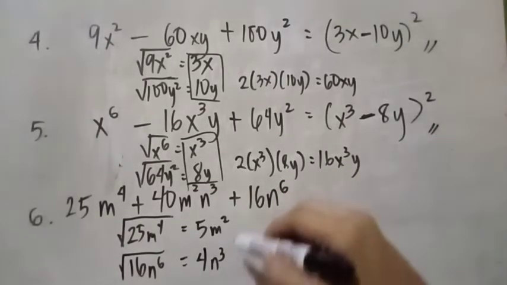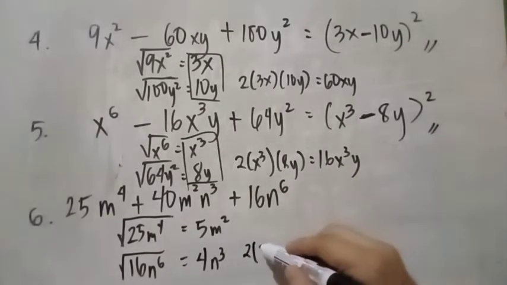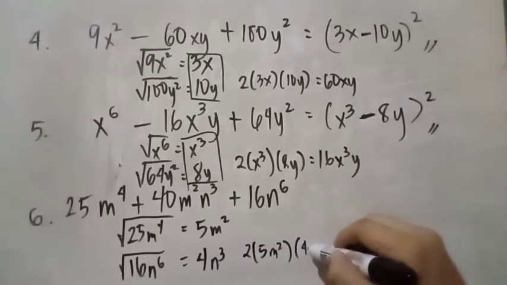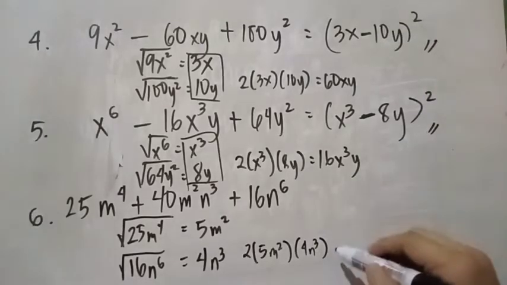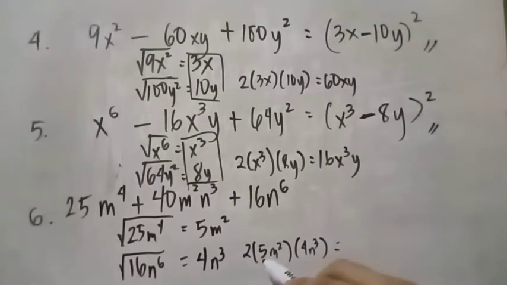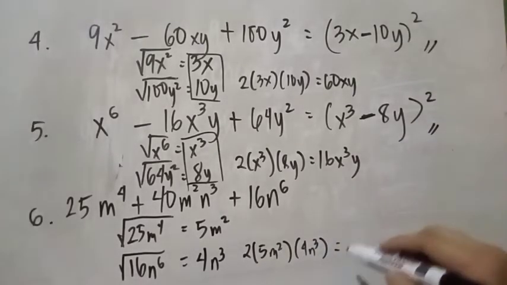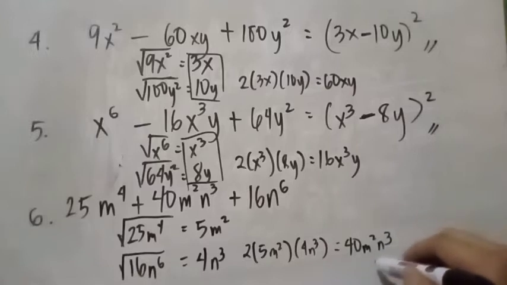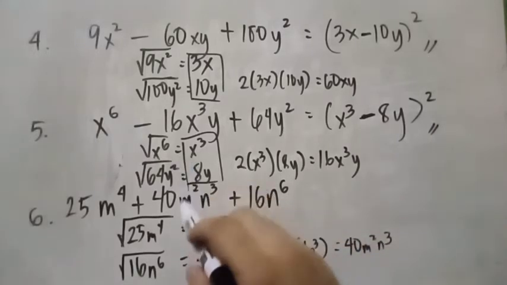Okay? So, i-multiply muna natin, no? So, 2 times 5m squared times 4n cubed. So, we have 2 times 5, 10 times 4, 40. So, 40 m squared n cubed. So, nag-match, diba? Nag-match nga.